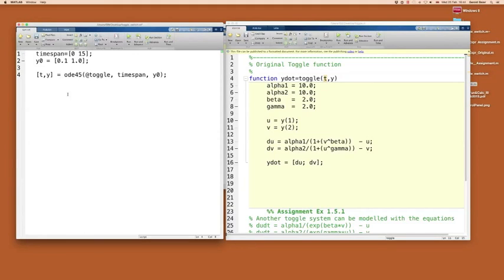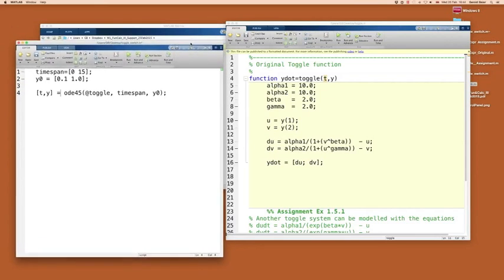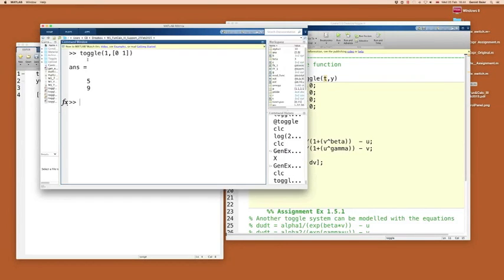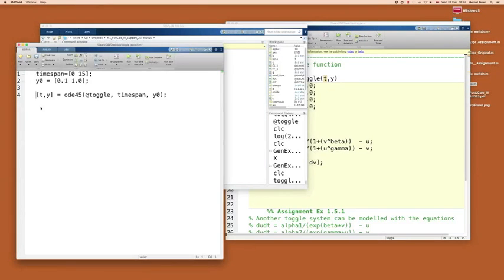If we have two variables, this array Y will give us the temporal evolution of two different things: the first variable, which is called U in the toggle context, and the second variable, which is called V in the toggle model. So effectively, every time point we're running the toggle command on some new U and V, and it's giving us two answers. So this Y will have two answers for every time point.